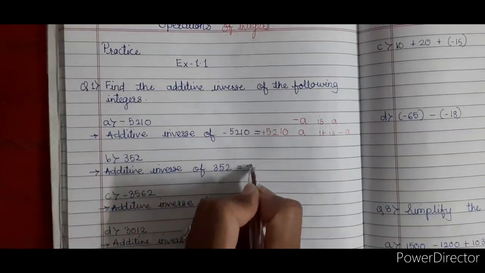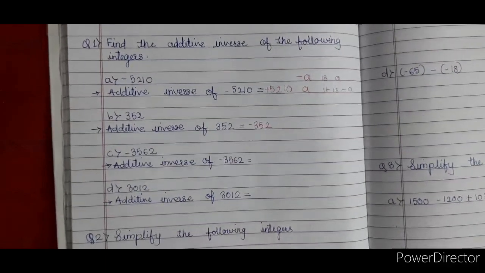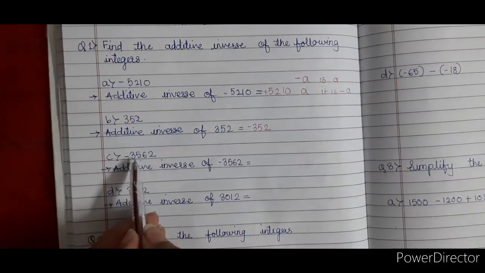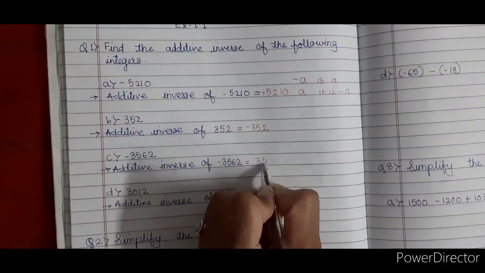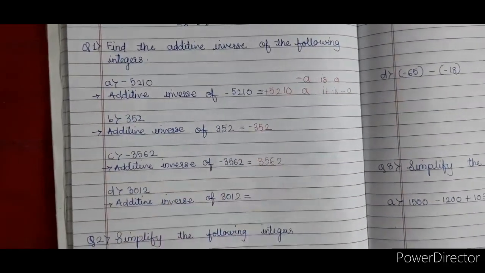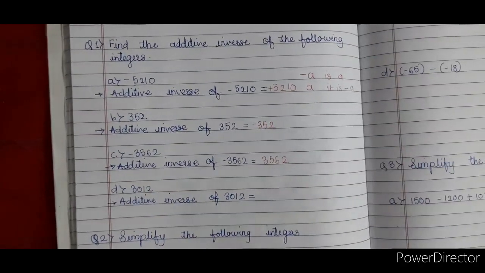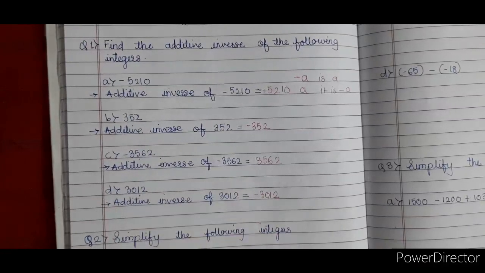It will be minus 352. Similarly, the additive inverse of minus 3562 will be 3562, and the additive inverse of 3012 will be minus 3012.